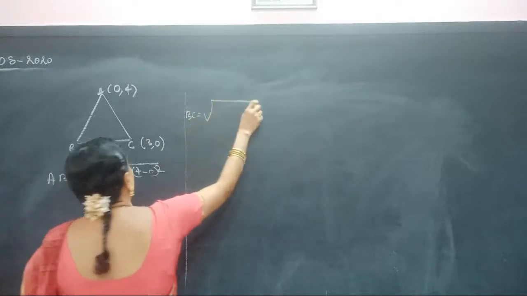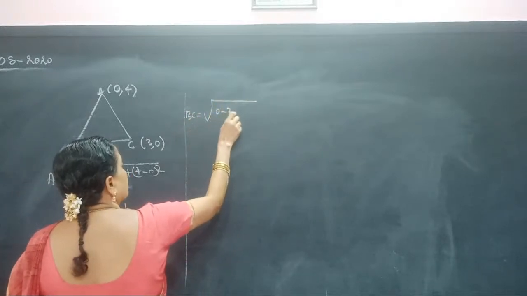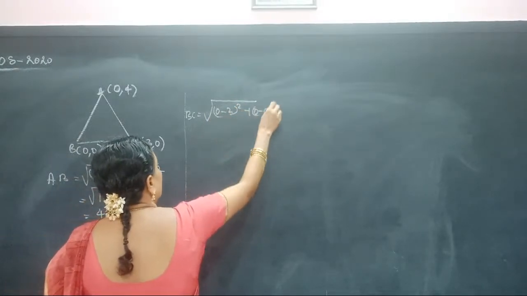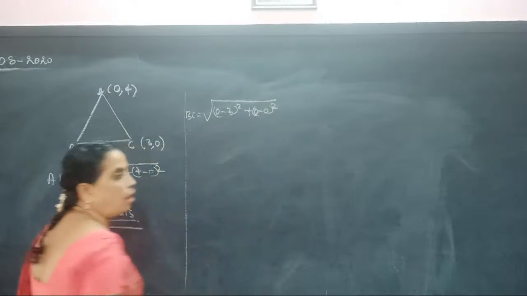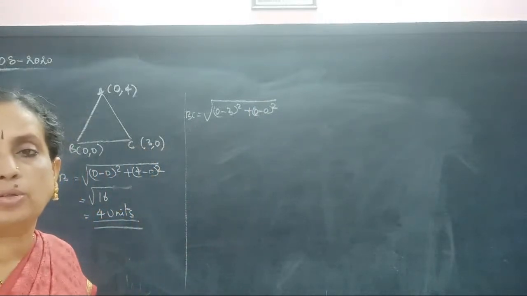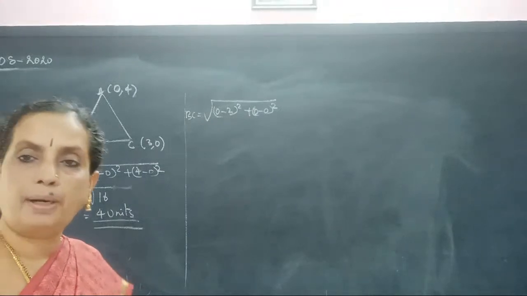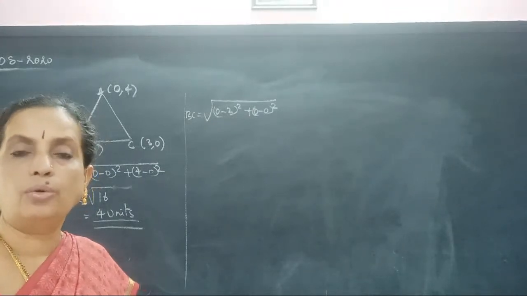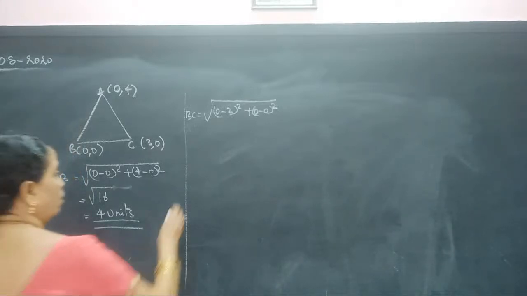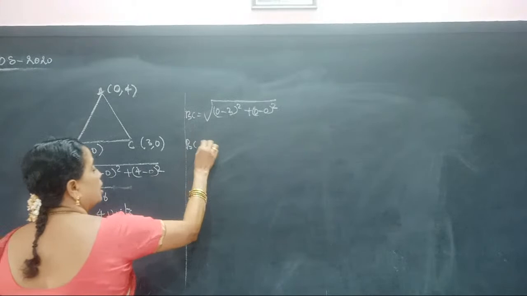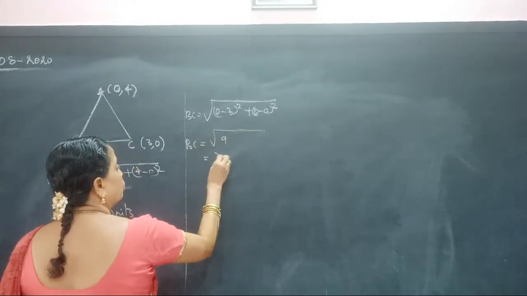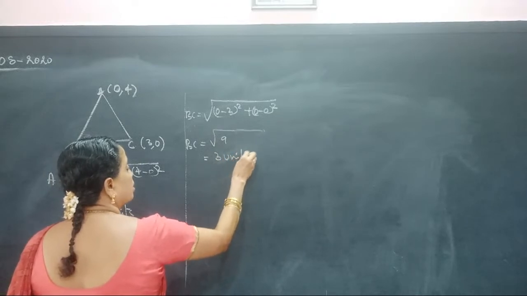Now calculate distance BC. It is root of (0 minus 3) whole square plus (0 minus 0) whole square. You can also apply the distance formula with respect to the origin. We have a separate formula, that is root of x square plus y square. What you will get? BC equals root of 9, that is equal to 3 units.